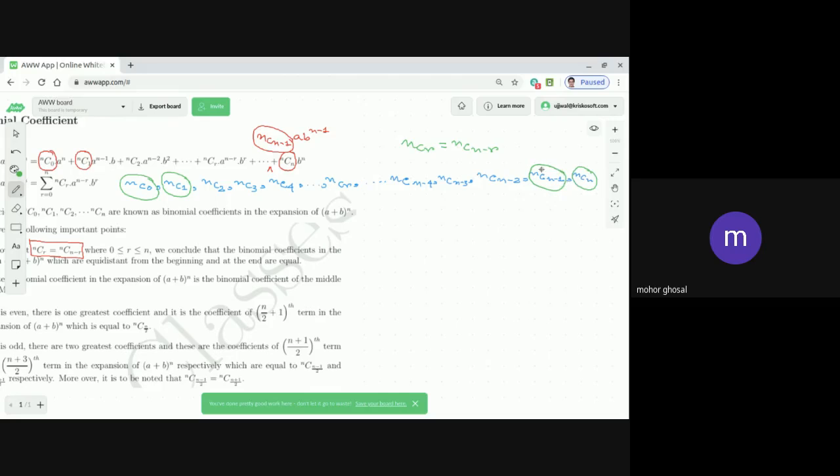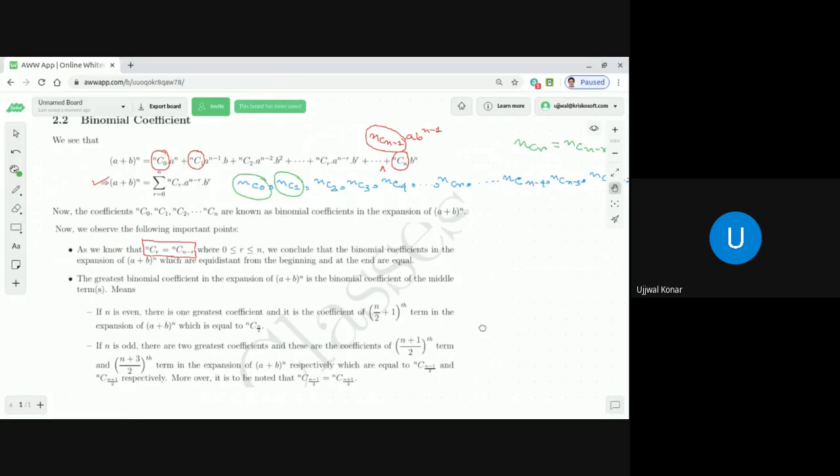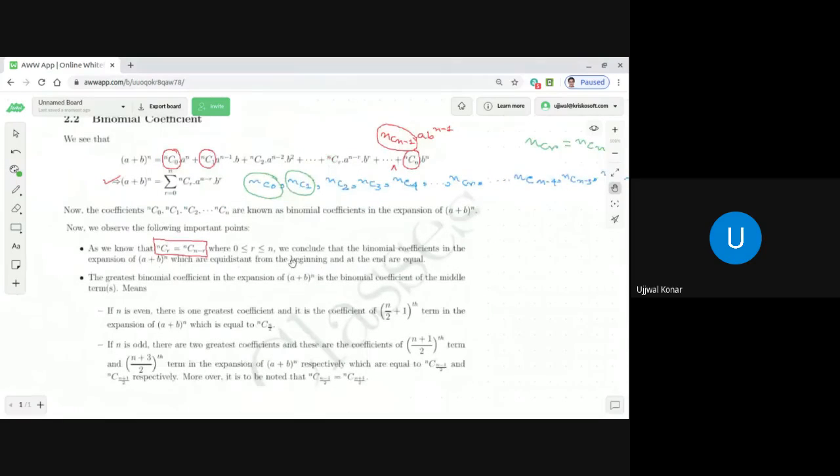That is why this statement is mentioned. Let's focus on this particular statement: as we know, nCr equals nCn minus r for 0 less than or equal to r less than or equal to n, we conclude that the binomial coefficients in the expansion of a plus b power n, which are equidistant from the beginning and the end, are equal. Okay, got it?